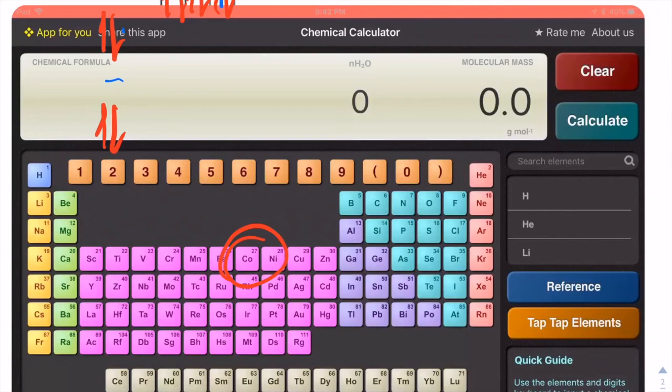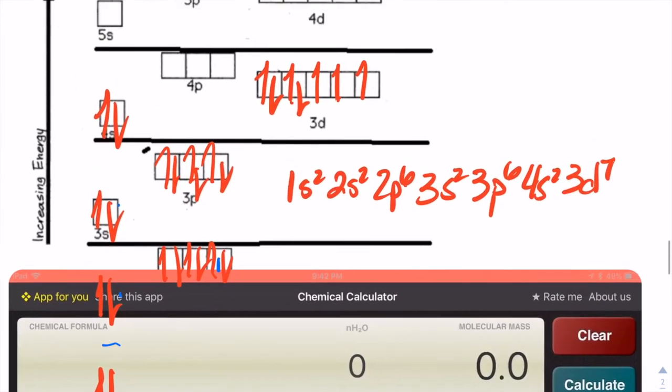All right, so to write the electron configuration using the shortcut method, we would start with cobalt, go to the period above it and to the end where we see argon, and we can use that as our shortcut.